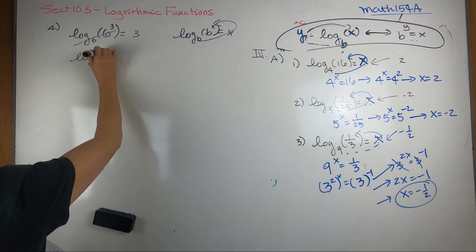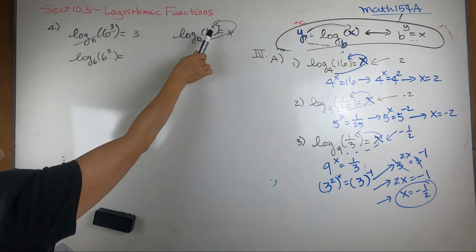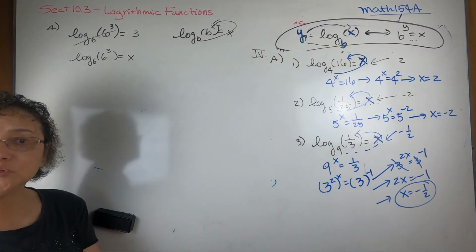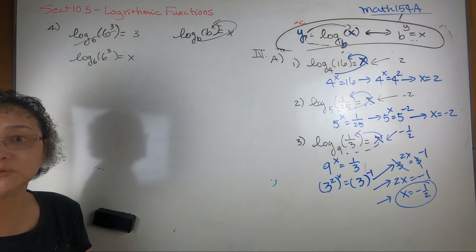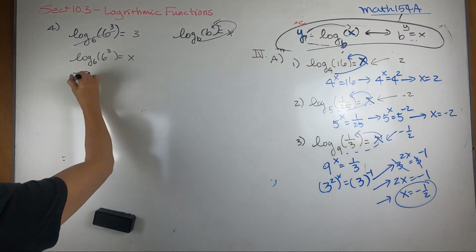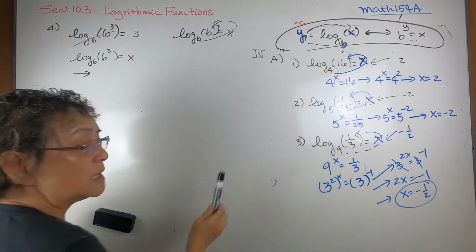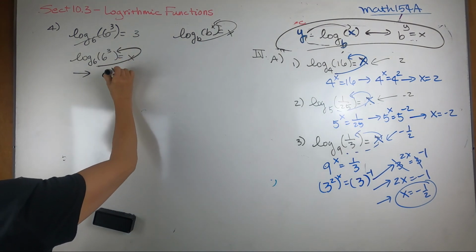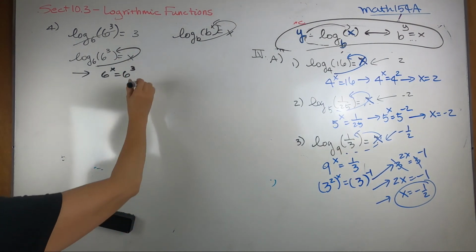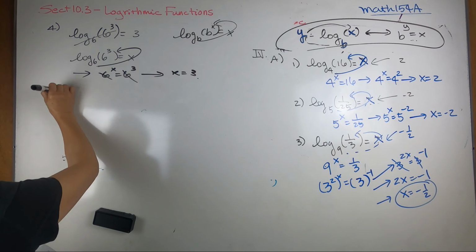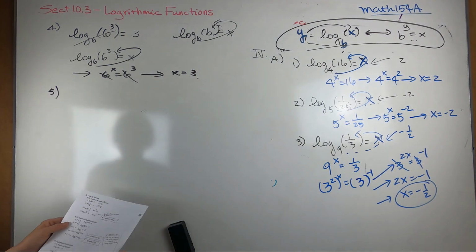But if you forget about this, you can always use x to hold your answer, for the things you don't know. And you just change this to the exponential equation. So you hook it: 6 to the x equals 6 to the 3. Right inside. Then what you'll have? x is 3. Right? Not too bad.